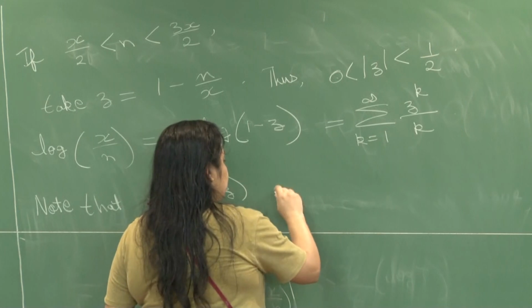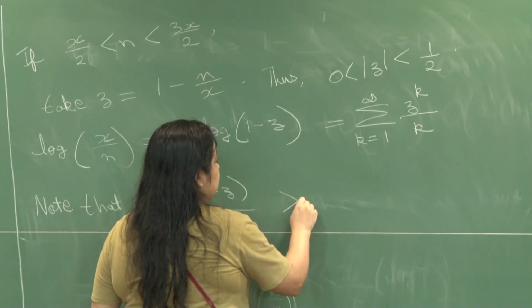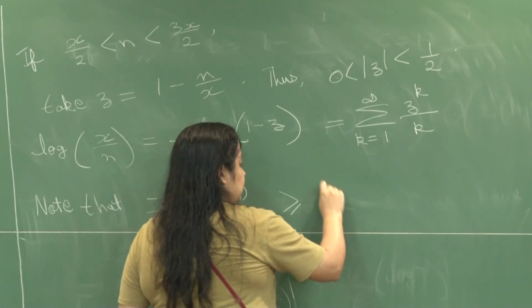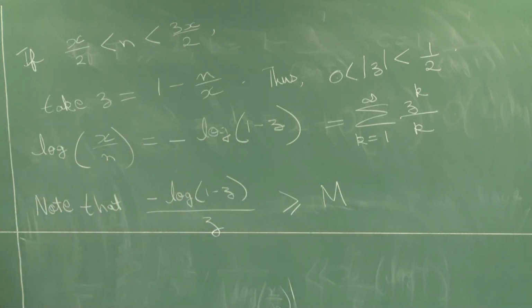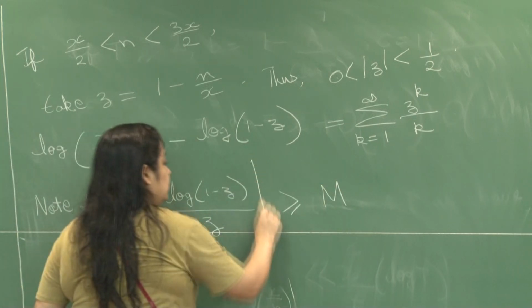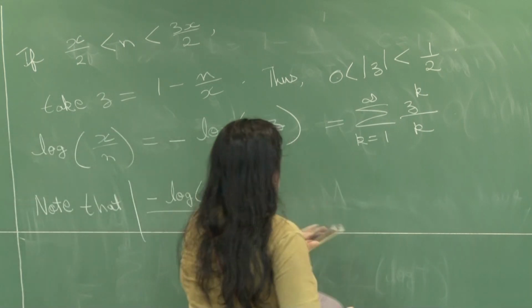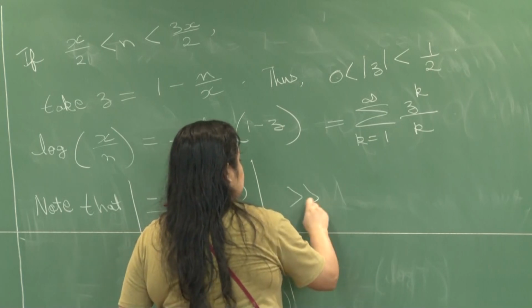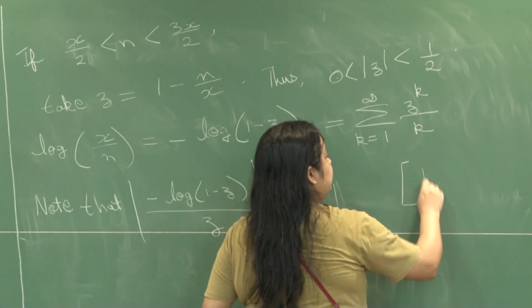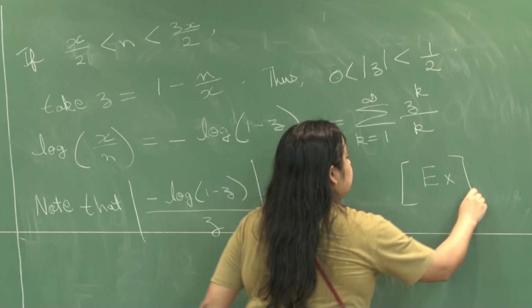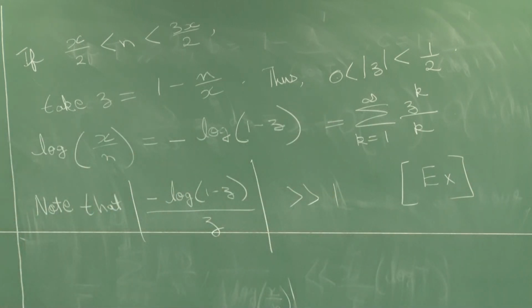you can actually find a positive constant, let us say m, so that the absolute value of this would be greater than or equal to m. Again, I leave this verification as a very standard exercise for you.